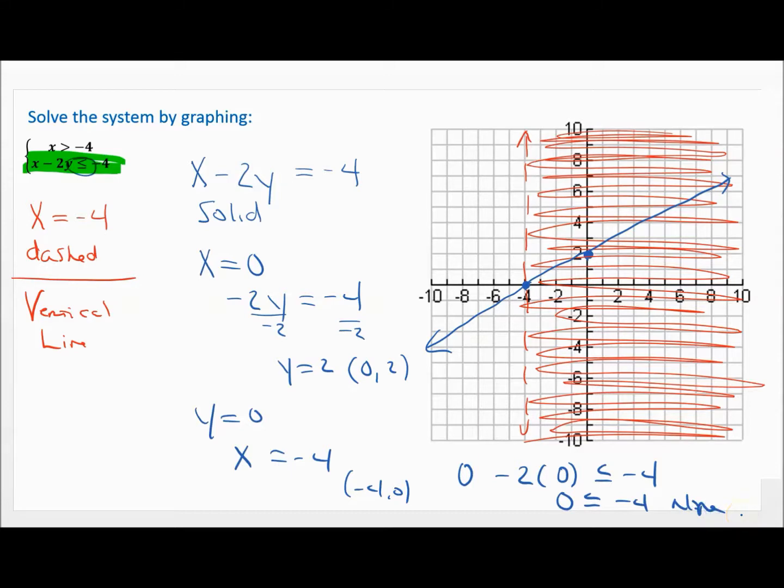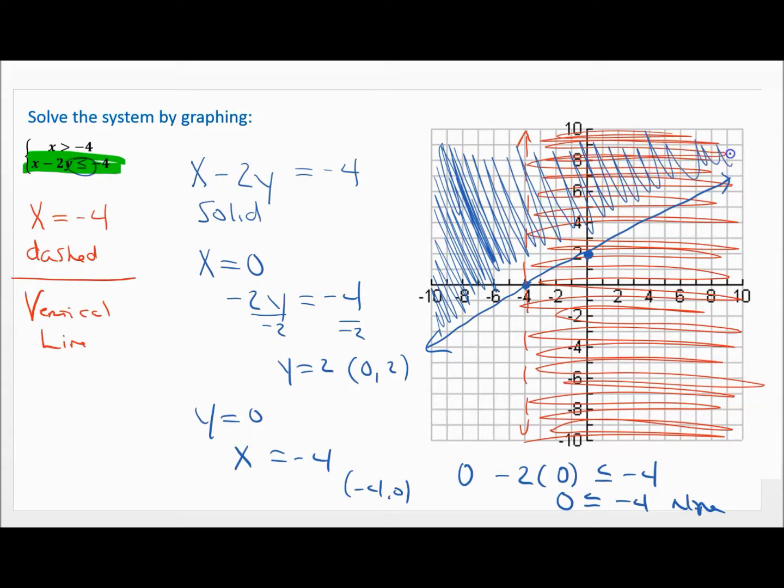Nope. All right, so that means I don't shade this side with 0, 0 on it. I shade the other side, so top left. So all this above the blue line, all of this, makes that true.